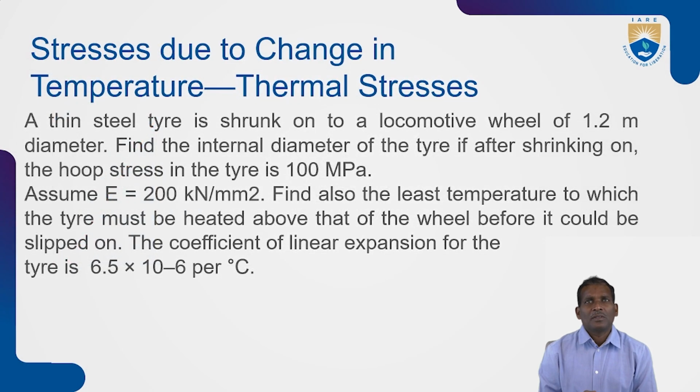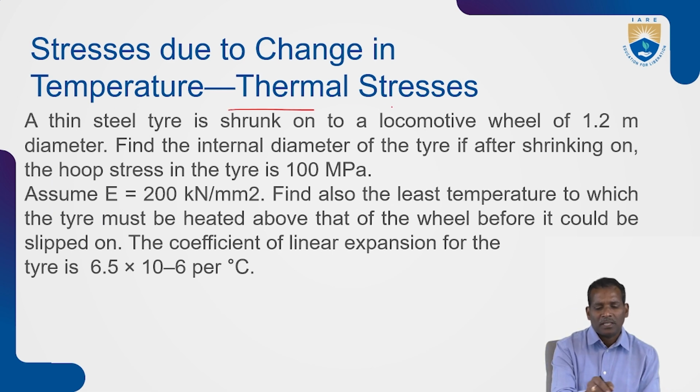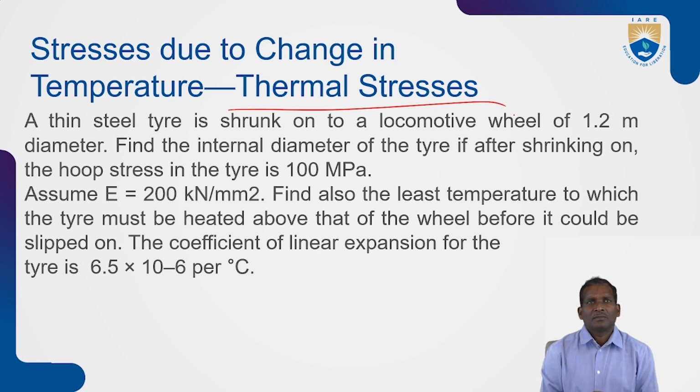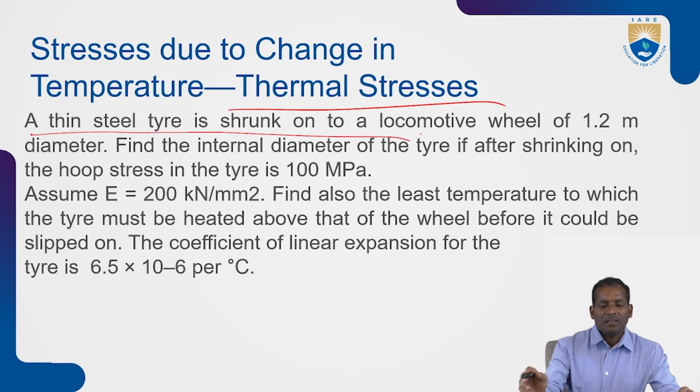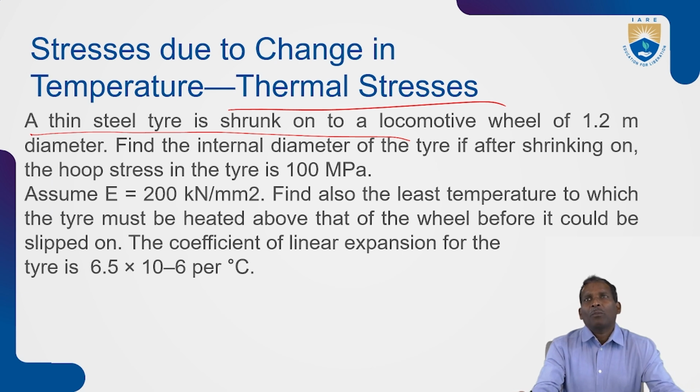So next one, we'll see one numerical problem related to thermal stresses. In this, what has been asked: a thin steel tire is sunk on to a locomotive wheel of 1.2 meter diameter.